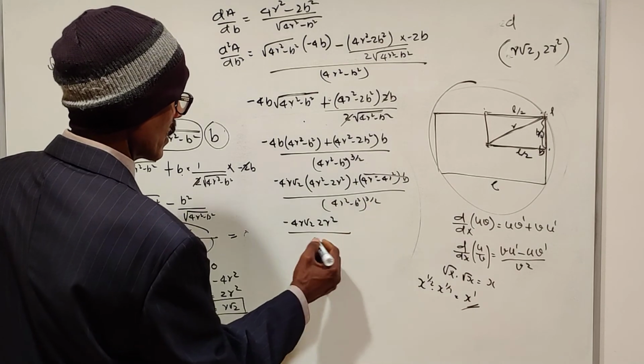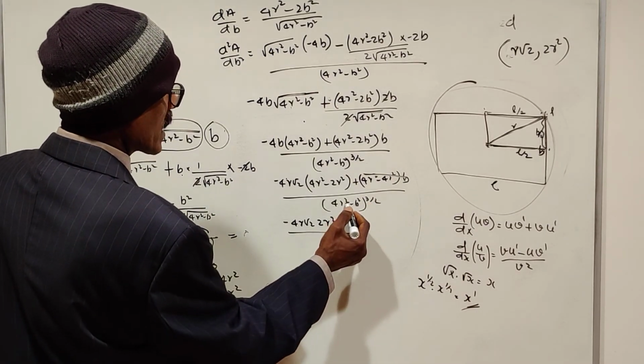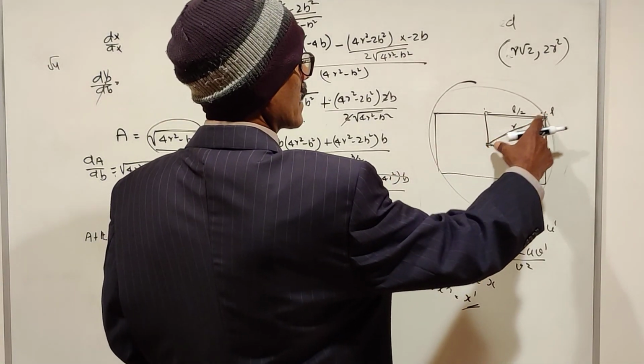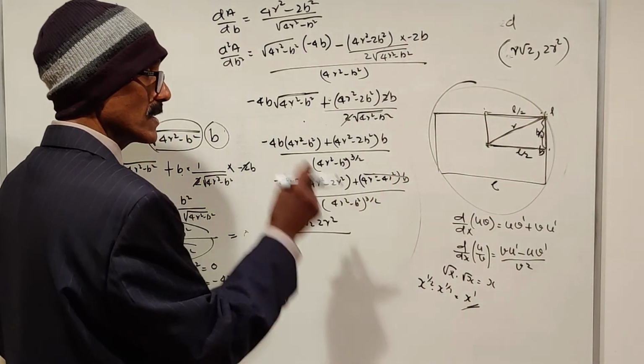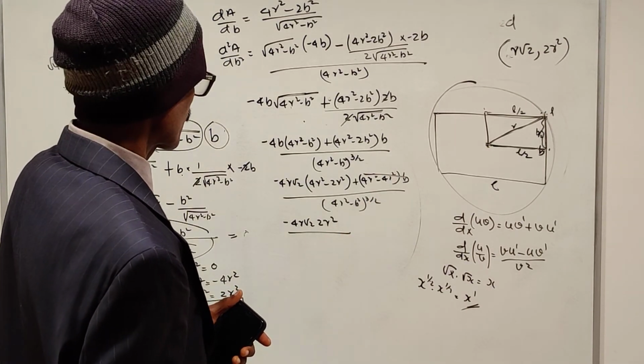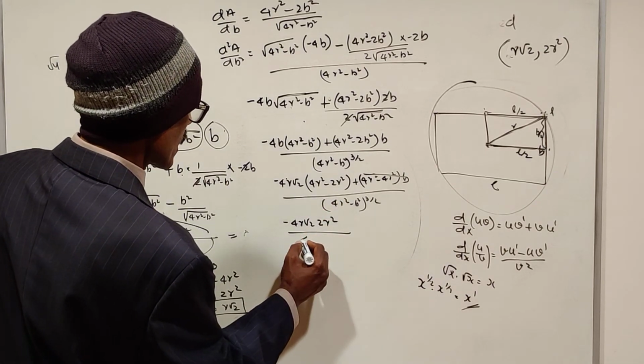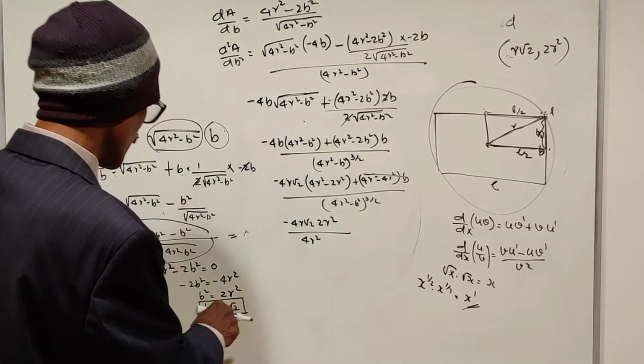this one is a positive number, because R square is always greater, that is the hypotenuse, hypotenuse minus base square. So we can calculate that. Divided by 4R square minus B square, what is that?